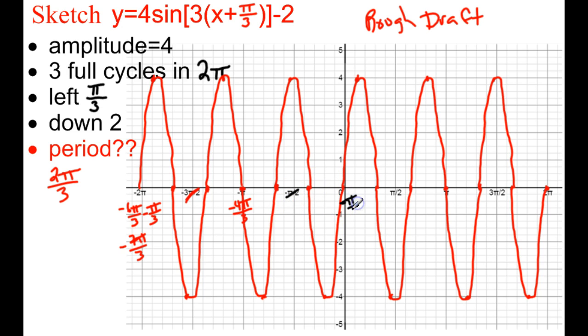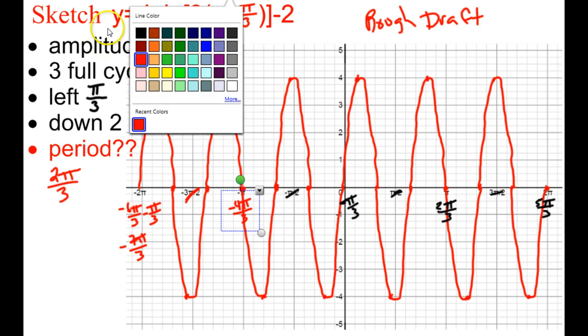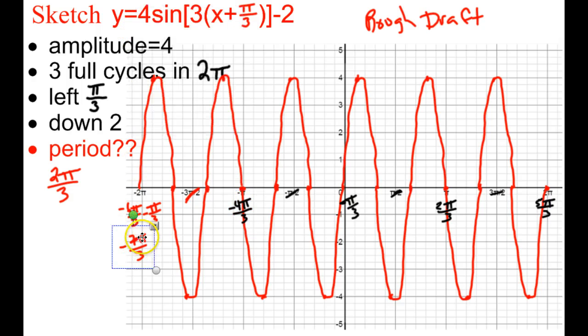This is negative pi over 3 clearly. Pi minus pi over 3 is 2 pi over 3. 2 pi minus pi over 3 is 5 pi over 3. And again, we're getting the basic idea down of what the graph is going to look like, with the idea that if I wanted to recopy it at some point, I could.